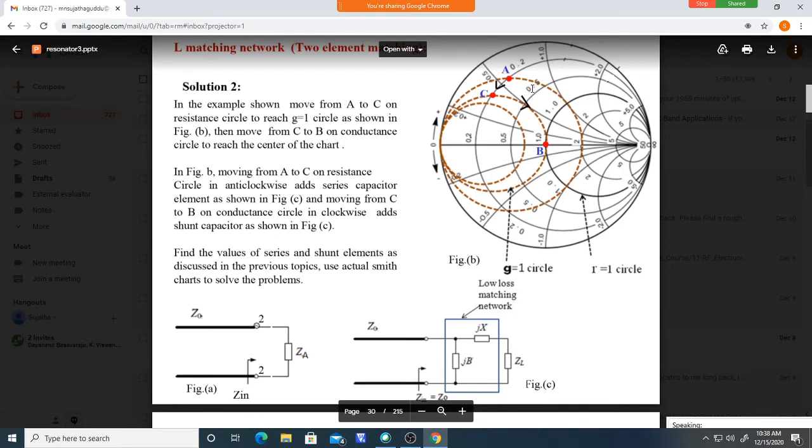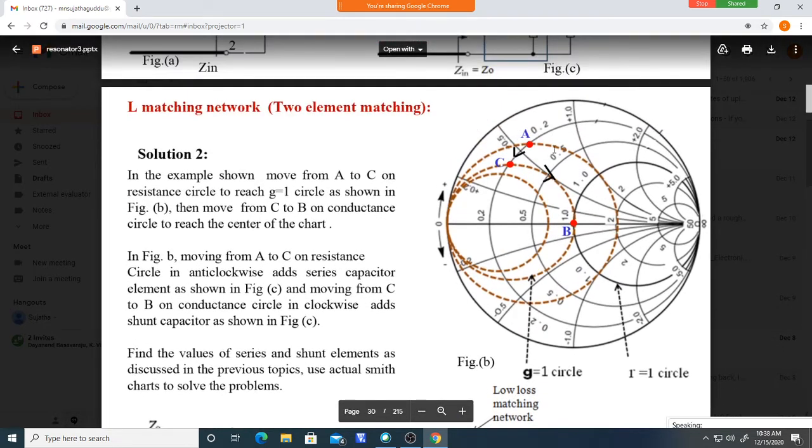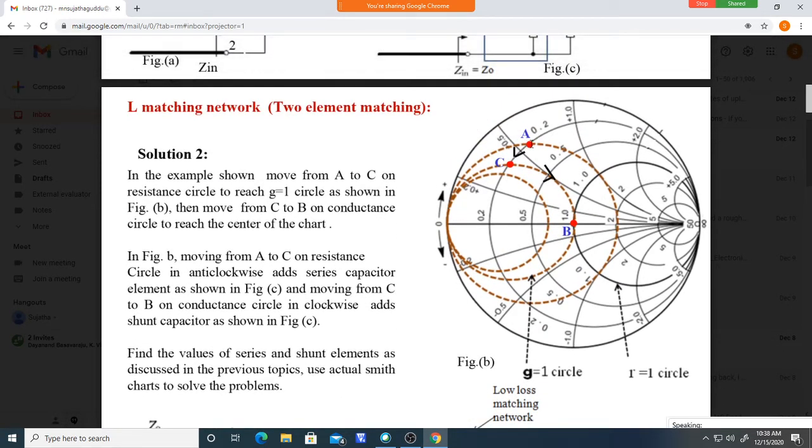I want to reach this position here. For example, from here if I move like this, will I reach the R equal to one circle or G equal to one circle?